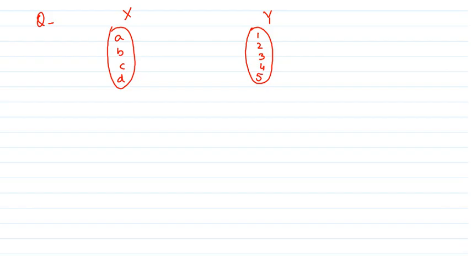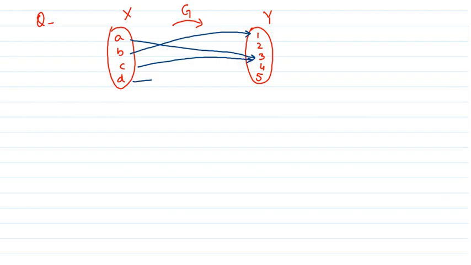And let me represent it by a function g. The mapping criteria here is that a is mapped to 3, b is mapped to 1, c is also being mapped to 3 and d is being mapped to 5.